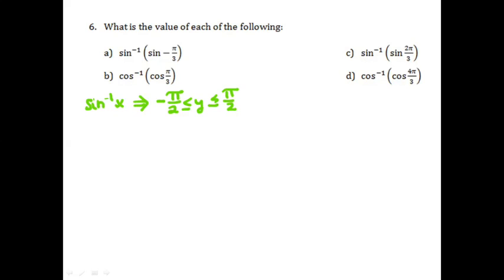And for inverse cosine, the output is going to be between 0 and pi.